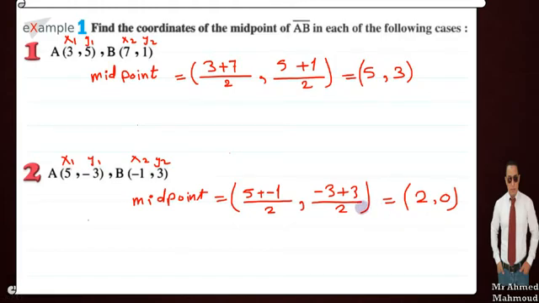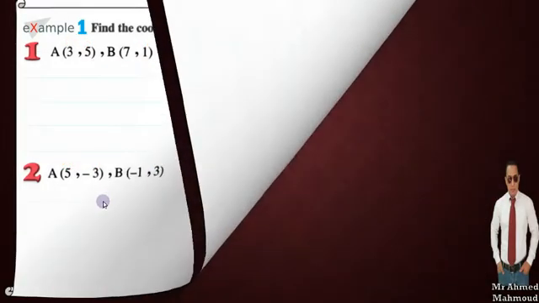Now let's study how we can find the missing point. Here the given is the start point and the end point, and the required is the midpoint. What if they give me missing points inside A and B? Let's study this in the next example.